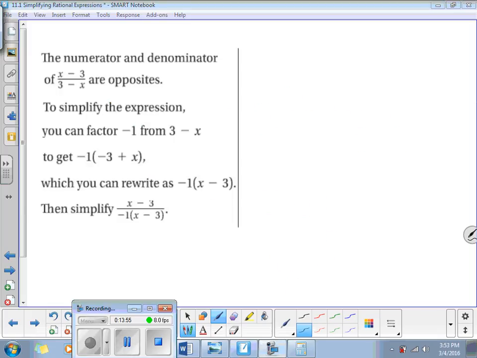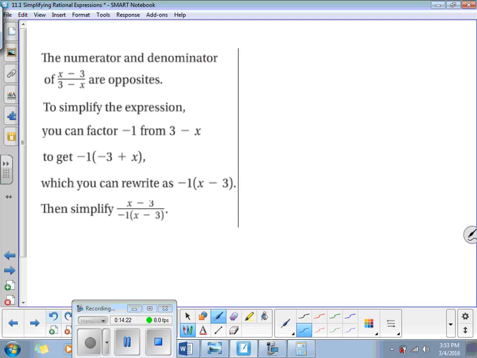In this problem, we have the numerator and the denominator of x minus 3 divided by 3 minus x. These are opposites. These are not the same binomial. Okay, they are not the same. Because remember, the operation is also the sign of the number that follows.